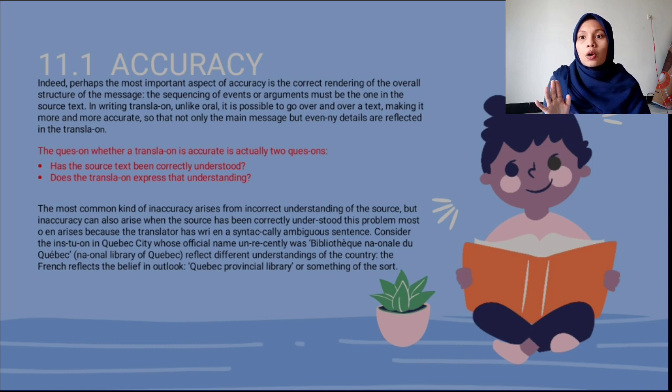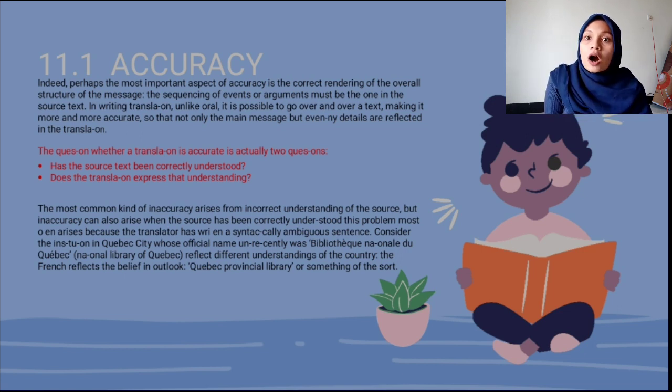The guys, one word translated is accurate actually to guess one source. But inquiry can also arise when the source has been correct under oral library English because this name would tend professions, one of which is called Cobert's professional library, or something of the sort.